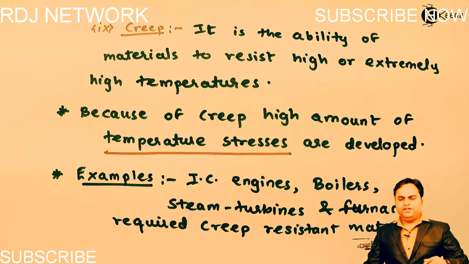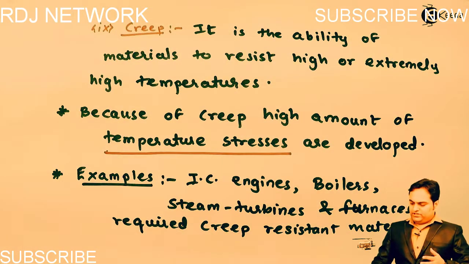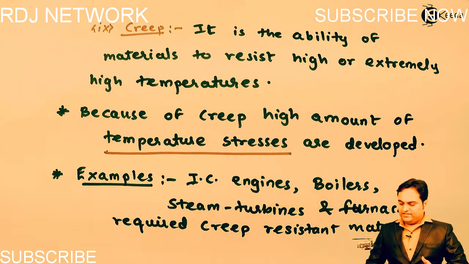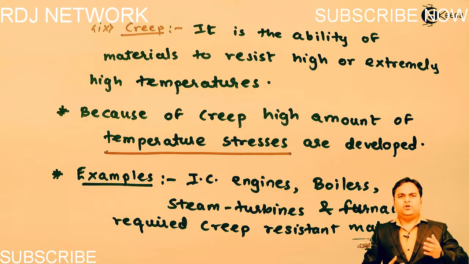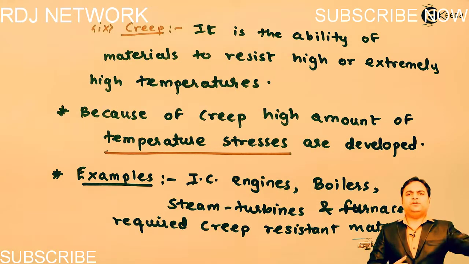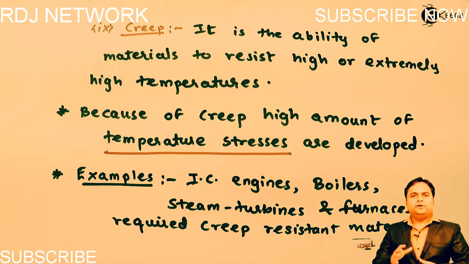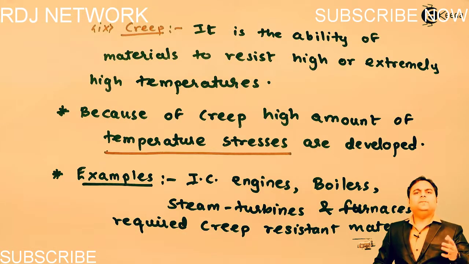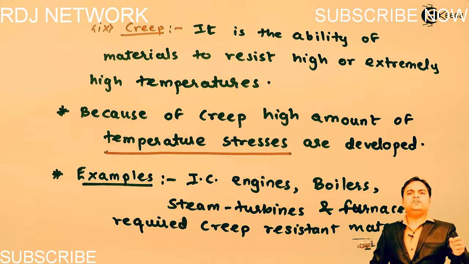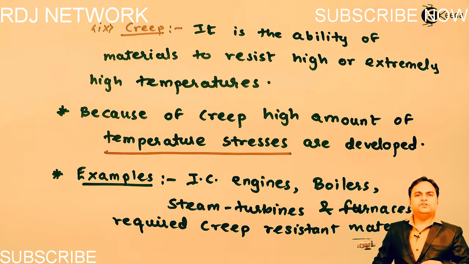Means, as we can just look at the examples like IC engine, boilers, steam turbines and furnaces, in all of these we have very high temperatures. We can say from high to extremely high temperatures. So the materials which we should use in these machines, they should be creep resistant. They should not change their shape when the temperature is high.